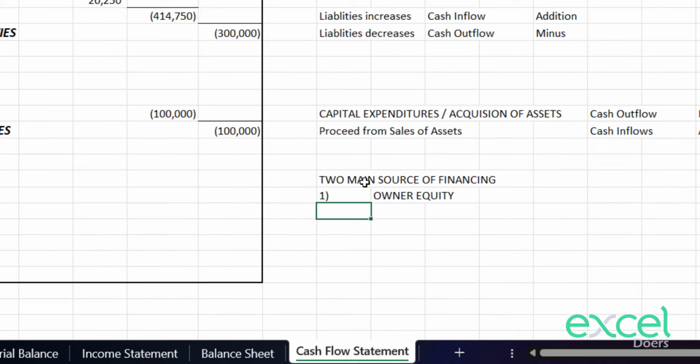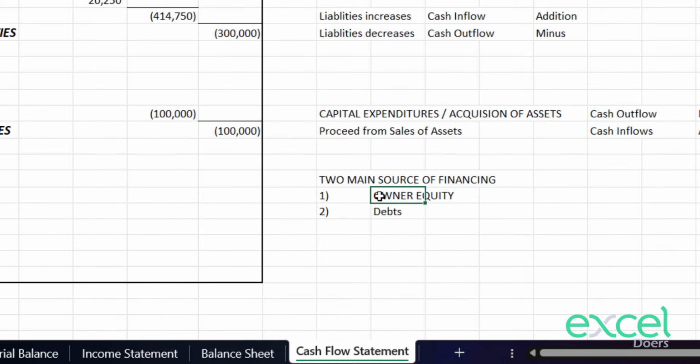Let's say you went to the bank and you borrowed the money, that please give us the money so I can establish the business. You borrow the money, you take the debt. So that is the second source of finance. There are only two ways of arranging the money in the business. One is the owner's equity. It can be by issuance of the shares. If you are a sole proprietor, you can invest everything through your own pocket.